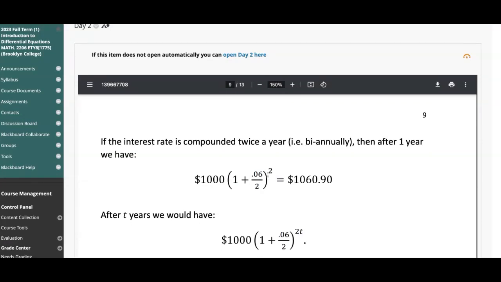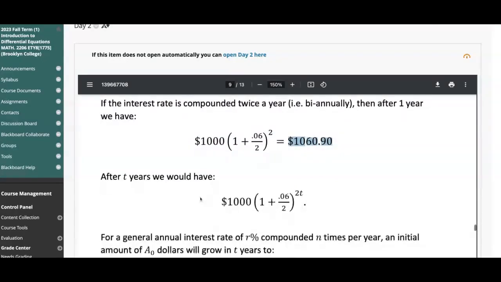After 1 year, because it is compounded twice, the exponent is 2 times 1 year, so this is a 2. So we get this much money. After t years, we get 1 plus the interest divided by 2, raised to the 2t.